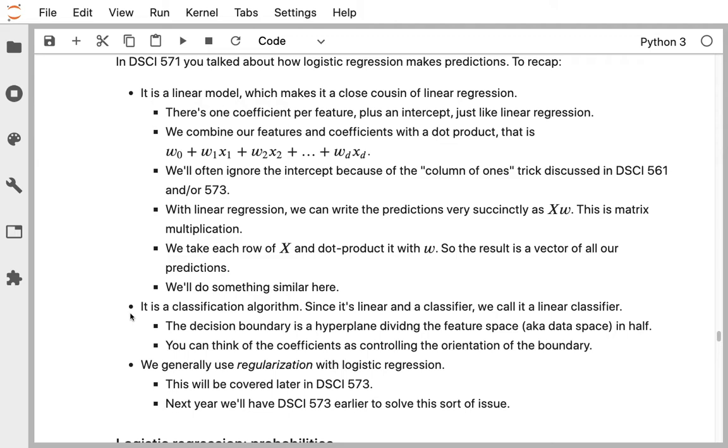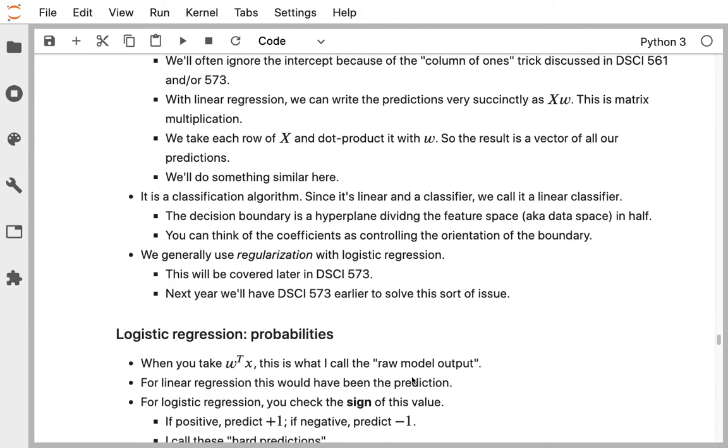You presumably saw this in Supervised 1: you're slicing the space in half and saying on one side of the slice I'm predicting the positive class, and on the other side I'm predicting the negative class. The coefficients are essentially a representation of that boundary, so different coefficients mean different slices of the space. We generally use regularization with logistic regression, and that's going to be covered in feature and model selection soon, so for now we're just going to ignore it.